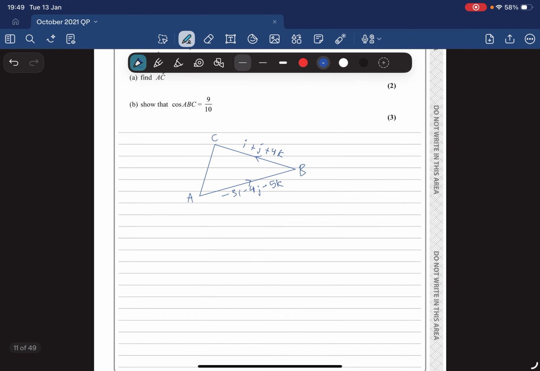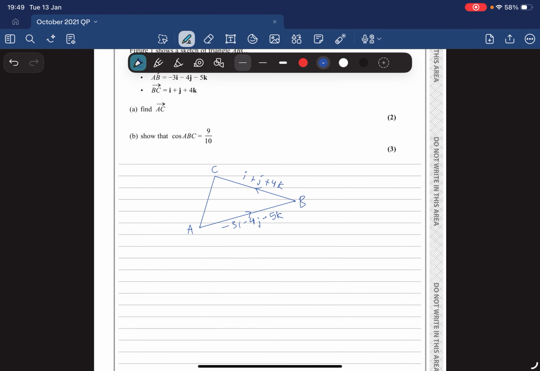Cool. So to find A to C, we need to go from A to B to C. So to get A to C, we need to do A to B first of all, then B to C. So A to C would be minus 3i minus 4j minus 5k plus i plus j plus 4k.